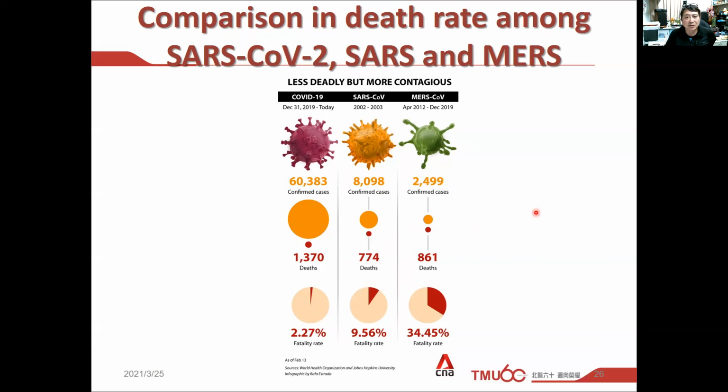And for MERS-CoV, it has been documented that more than 2,500 cases were reported, and the fatality rate is the highest among the coronaviruses, 35%. And COVID-19, since December 8th till today, there has been reported around 20. This number is old data, however, the fatality rate is very close, 2.27%.